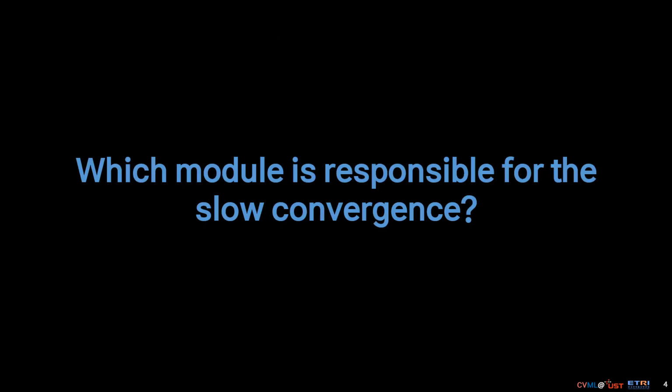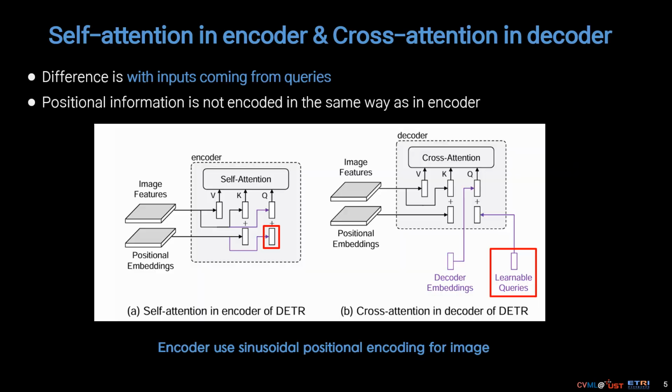The question arises, which module in the detection transformer is responsible for slow convergence? So let's compare the encoder of DETR with the decoder. If we look closer into the query structure, in the case of the encoder, the content part of the query comes from the image feature, and the position information comes from the positional embedding of the corresponding image patch.